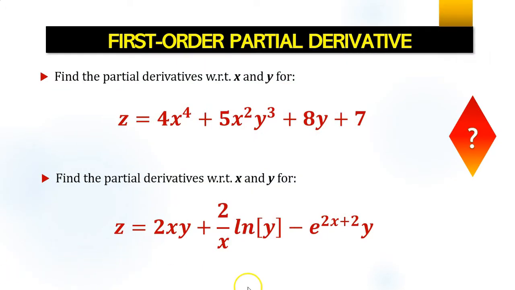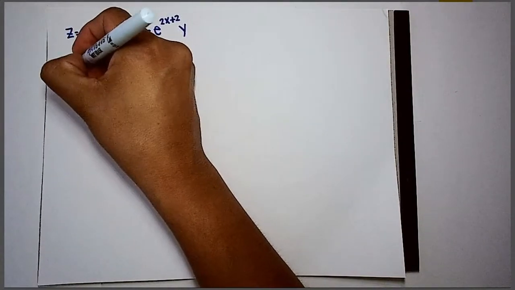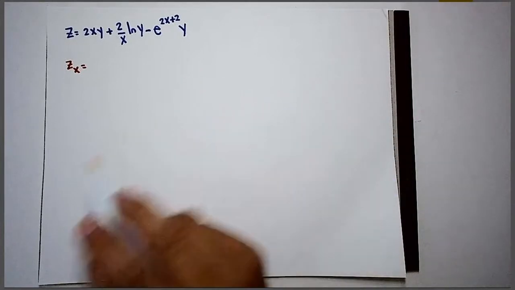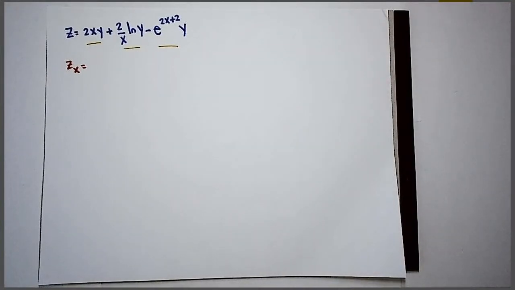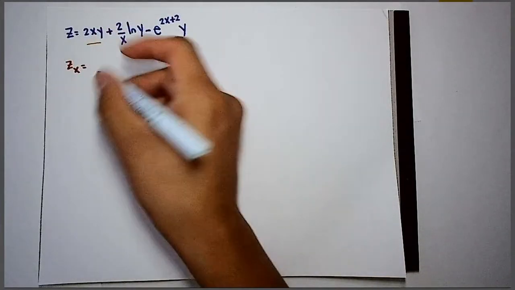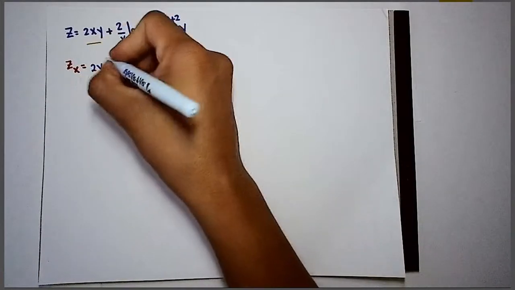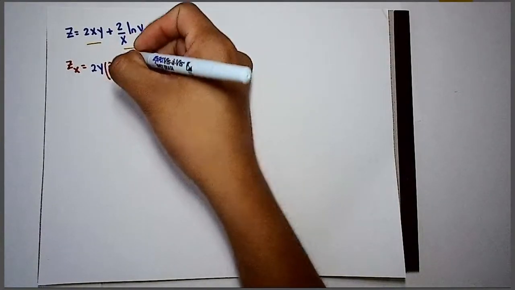Now let's continue with the second example. The derivative of z with respect to x. Let's first identify which terms contain x, which in this case are these three. Now, for the first term, the constant part is 2y. So we are taking simply the derivative of x with respect to x, plus.